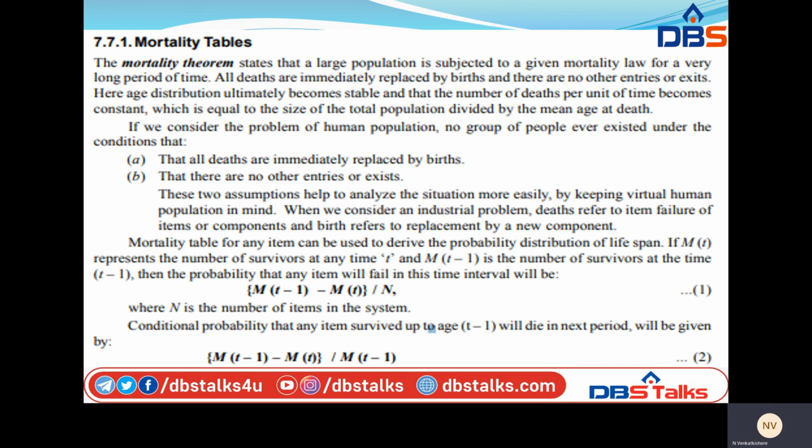So for population it means death and birth, and for industry applications, the failure of an item and replacing it with a new item. And a mortality table for any item can be used to derive the probability distribution of lifespan.